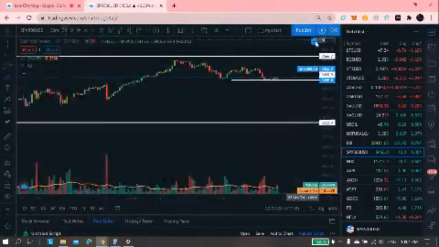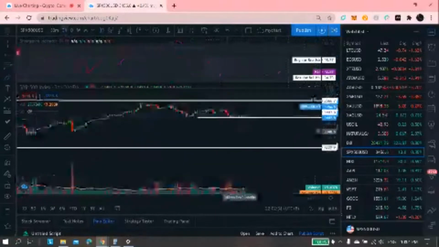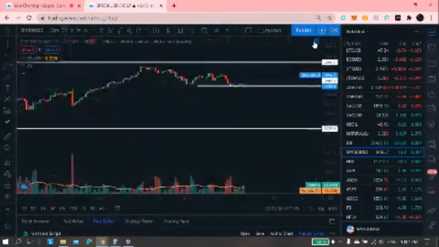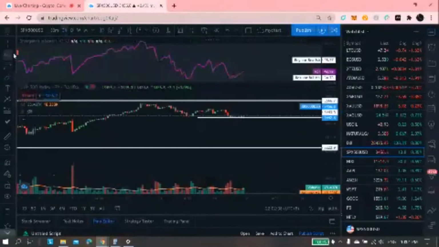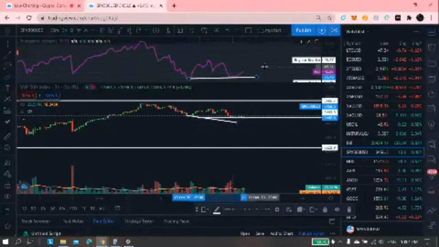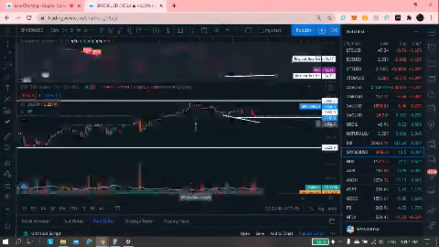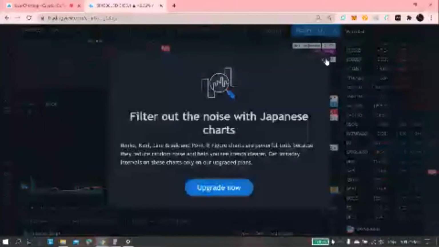Let me check. It's going down and it's going up. That's actually a bullish divergence.